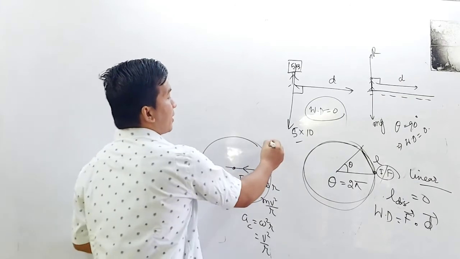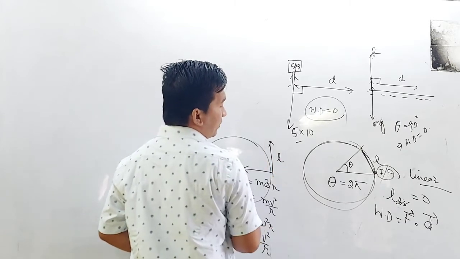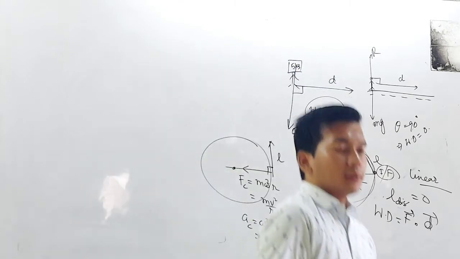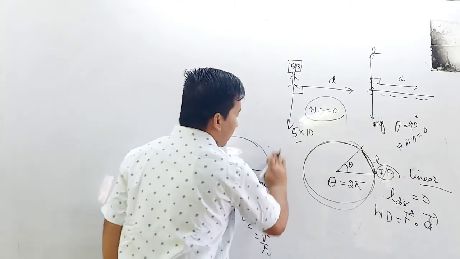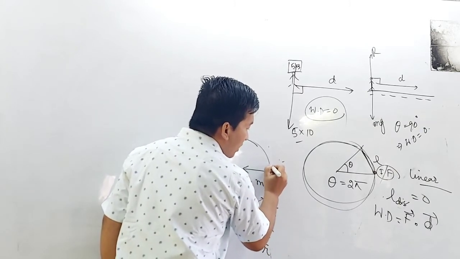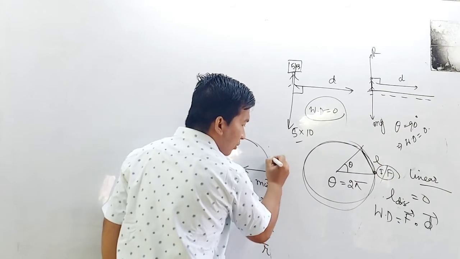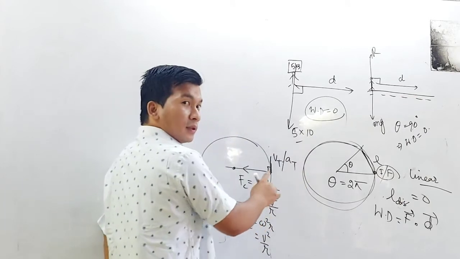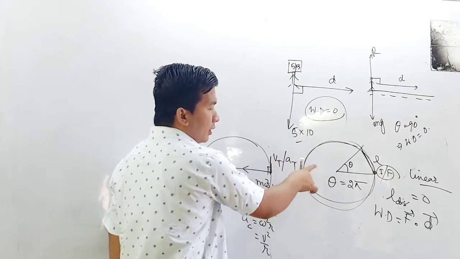And what about the linear displacement? This will be your L. Still 0. If we consider a small displacement, this is the tangential velocity vt or tangential acceleration, the linear acceleration.